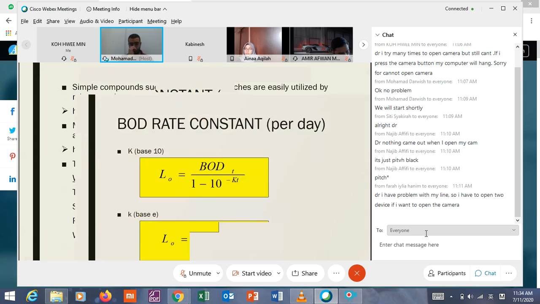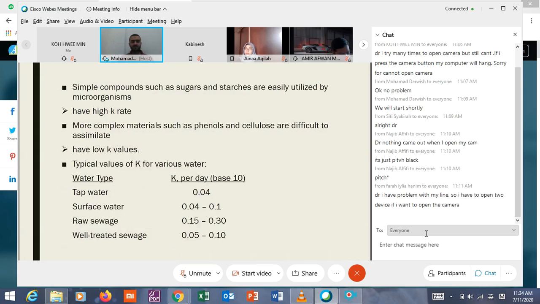So let's continue. For simple compounds, such as sugars and starches, those are easily utilized by microorganisms, which means that the K is very high. Because they are easy compounds to be decomposed by the bacteria, the rate is high. For complex materials like phenols, the K is low.